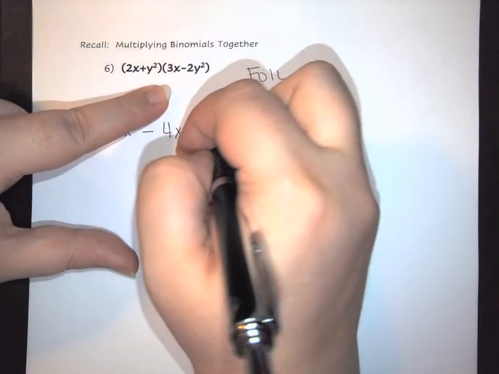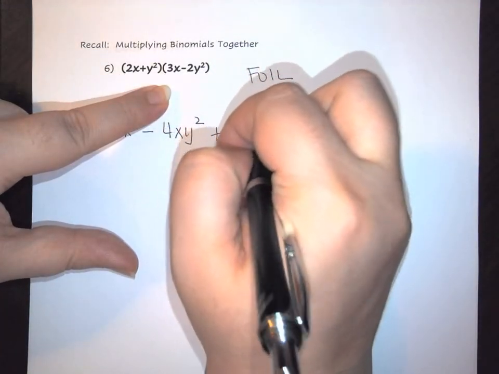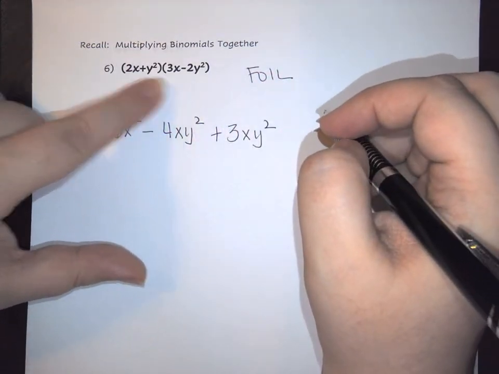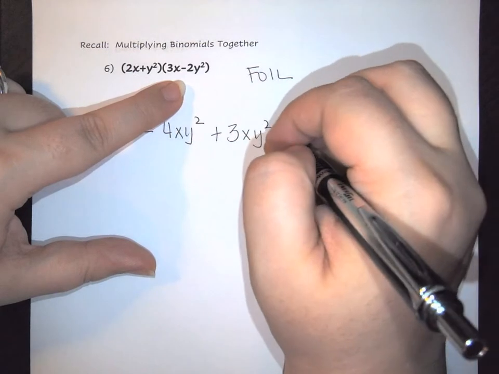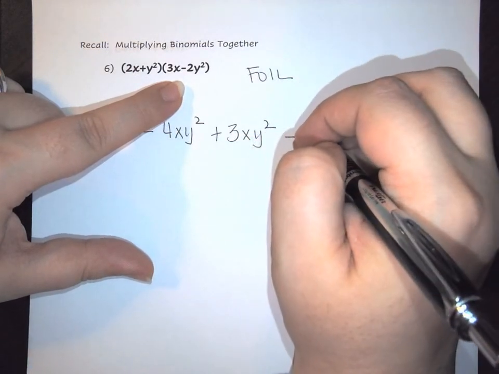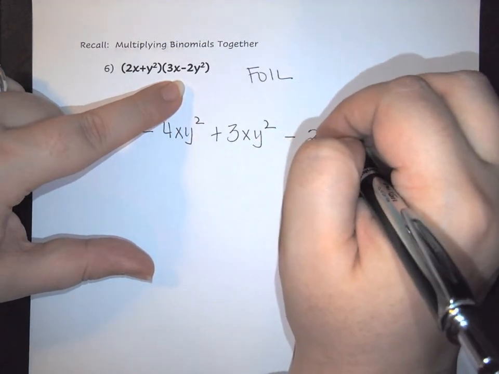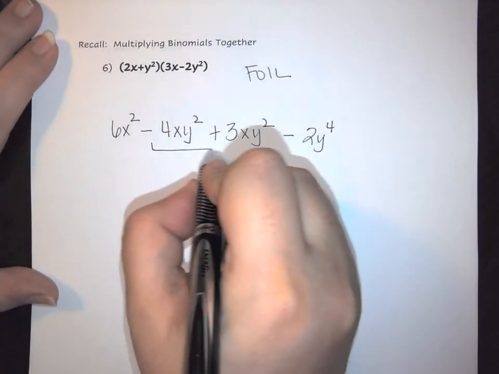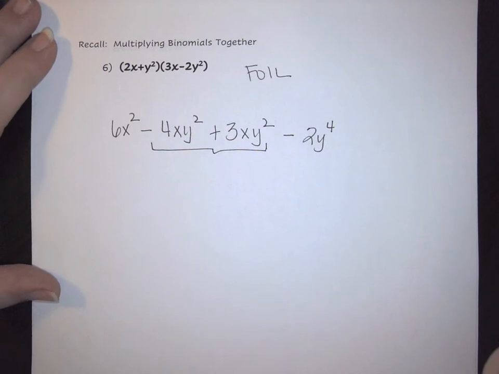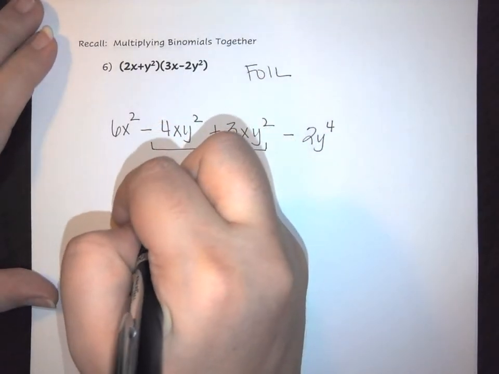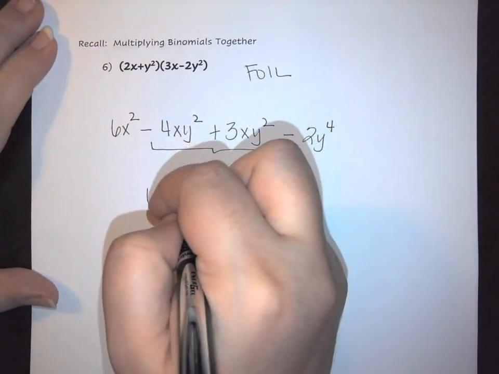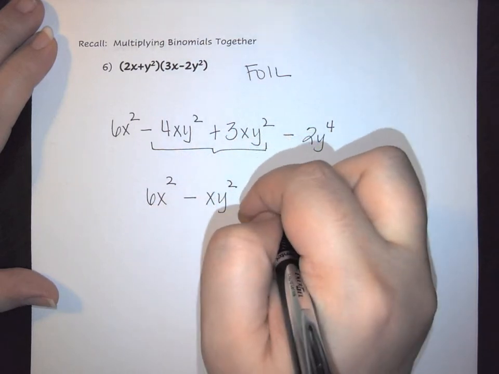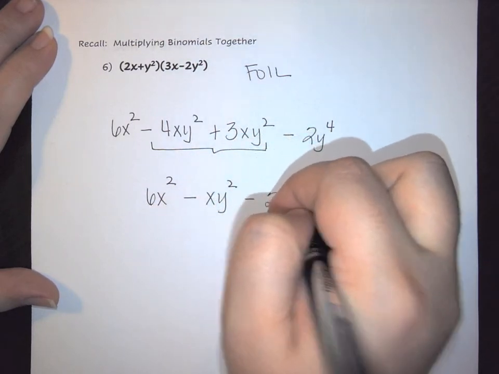Then y squared and 3x, so plus 3xy squared, and plus y squared times minus 2y squared is going to give me a negative 2y to the 4th. This place right here can combine, so we end up with 6x squared minus xy squared minus 2y to the 4th.